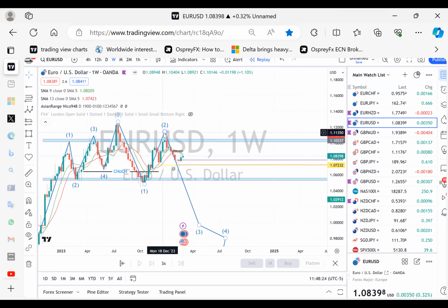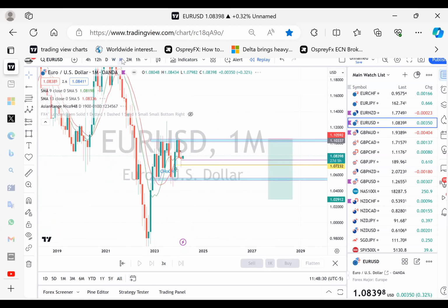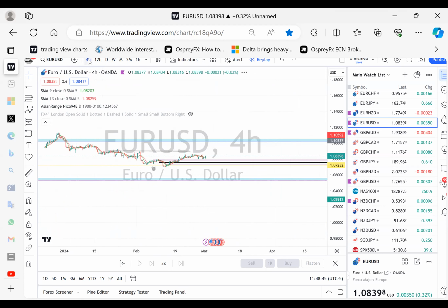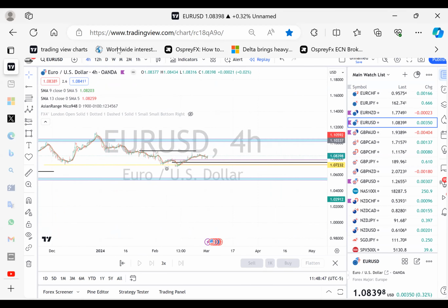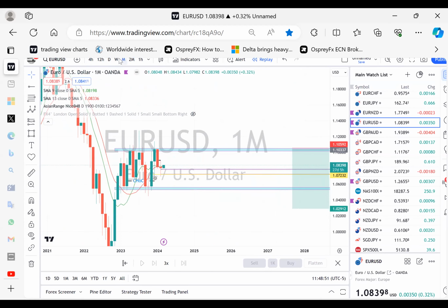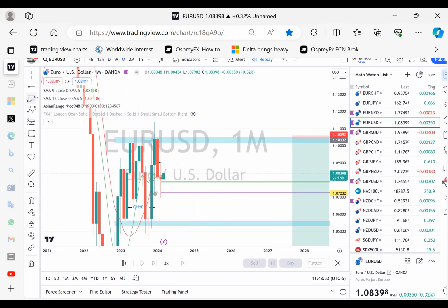So let's see. On this monthly chart, I have a bearish order block. Y'all see that? On this bearish order block, if I drop down to the 4 hour, as a matter of fact, I'm just going to go back to the monthly and I'm going to fib it so we can see where we need to be looking.